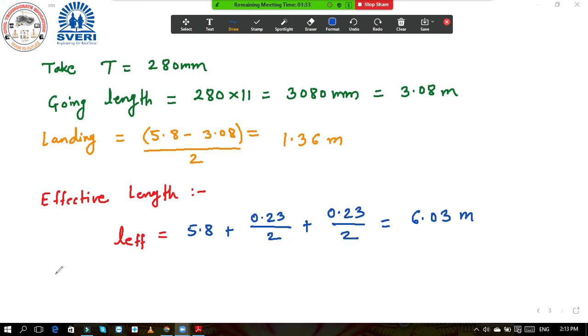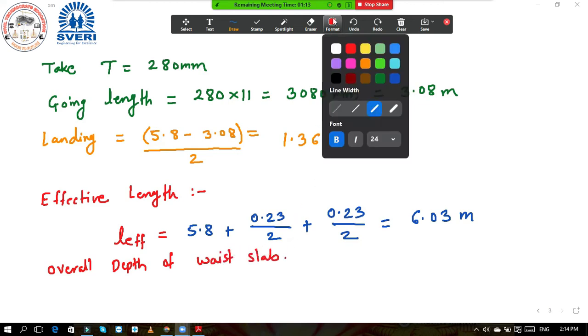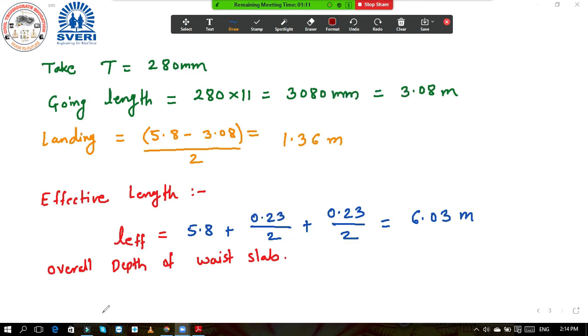Now we will calculate the depth of the waist slab. So the overall depth of the waist slab. Okay, so we have made one assumption over here. I have already told you.